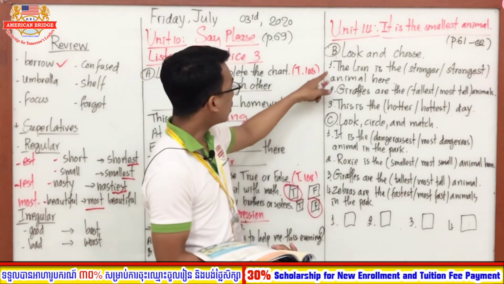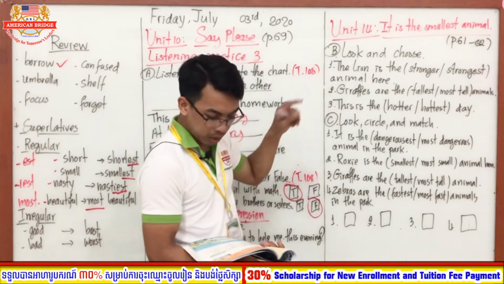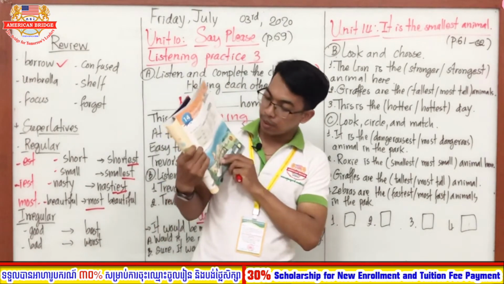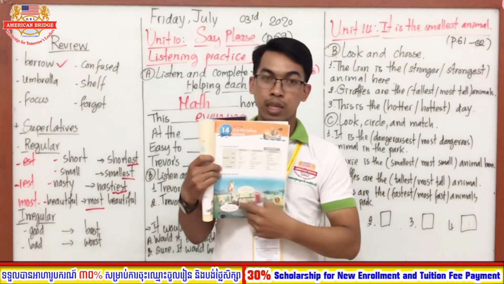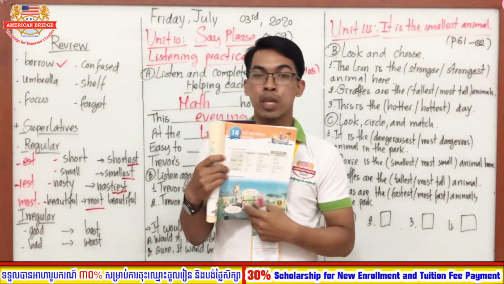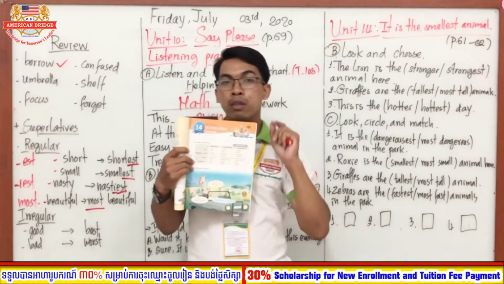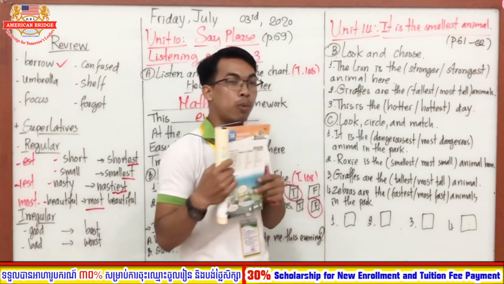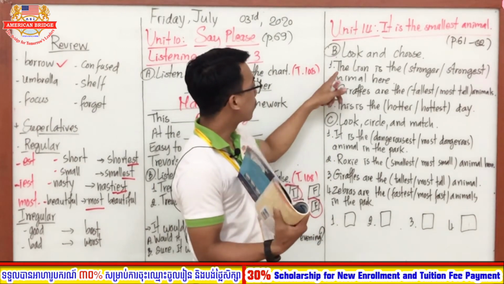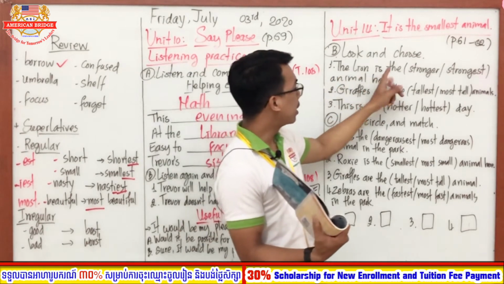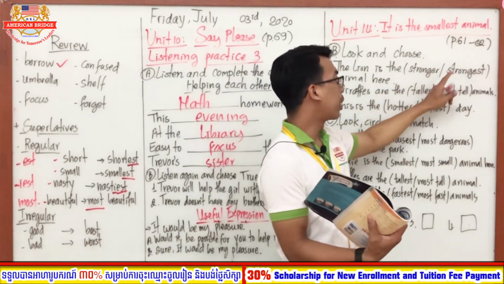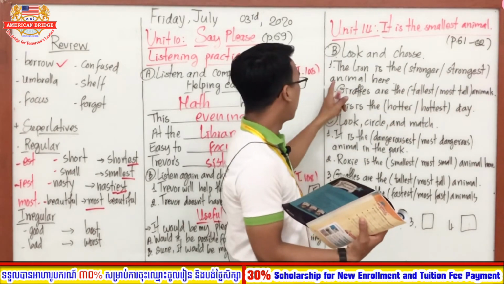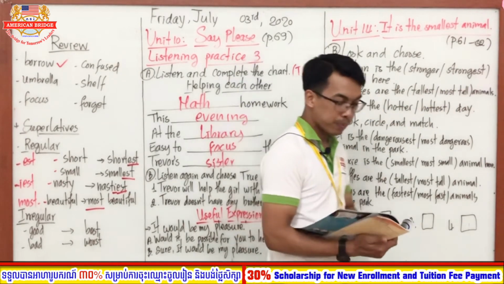Everyone, you can open the textbook and you will see the pictures and the exercise. Don't waste our time, so let's move to the first one. Number one, the lion is the, with the choices stronger and strongest.